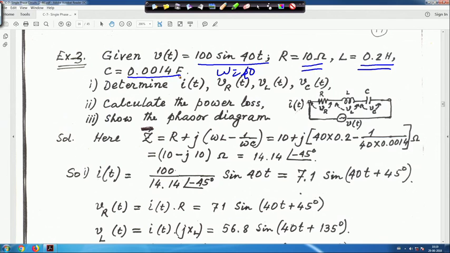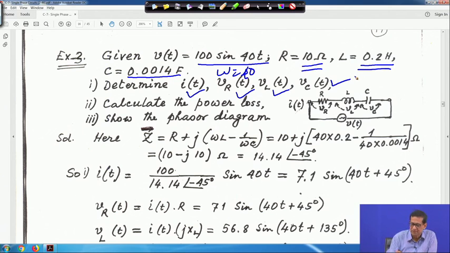You have to find out i(t), VR(t), VL(t) and VC(t). Then you have to calculate the power loss and show the phasor diagram.